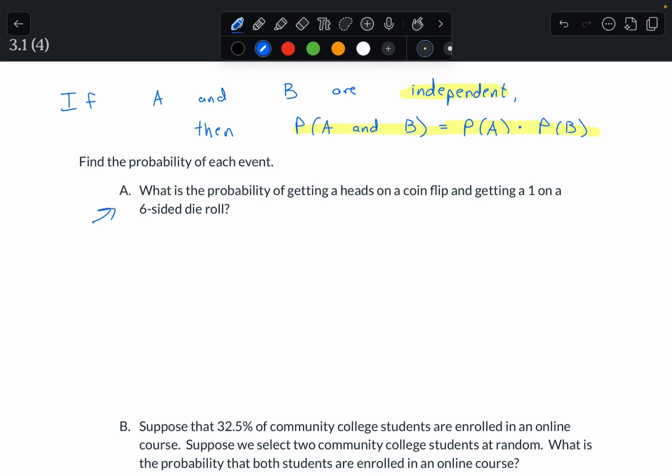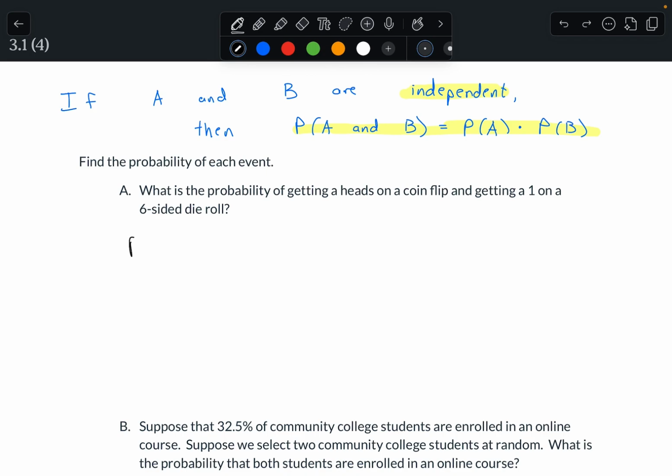First example says, what is the probability of getting a heads on a coin flip and getting a 1 on a 6-sided die roll? In this case, first I want to make sure I'm working with independent events. Flipping a coin and rolling a die have nothing to do with each other, so they are independent events.